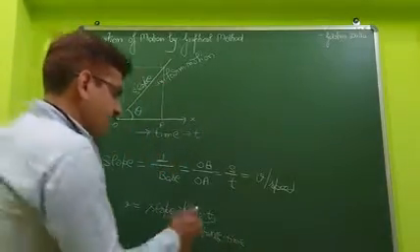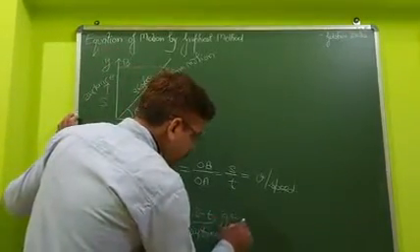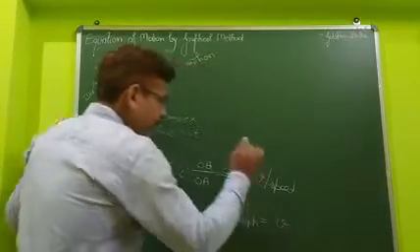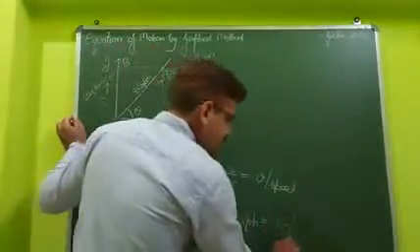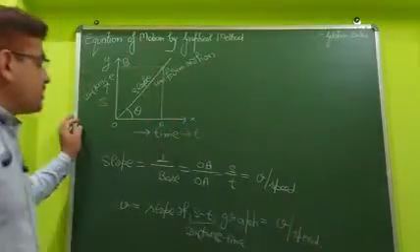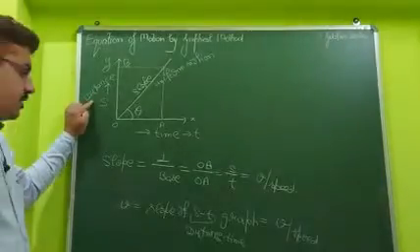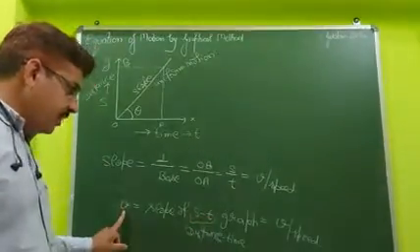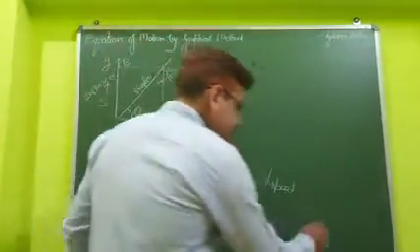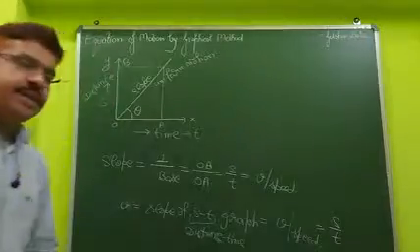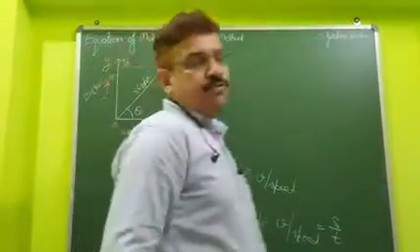The slope of the distance time graph is equal to speed, or v. So this is the first formula that I want to discuss with you: the slope of the distance time graph is nothing but v, which is equal to s over t.